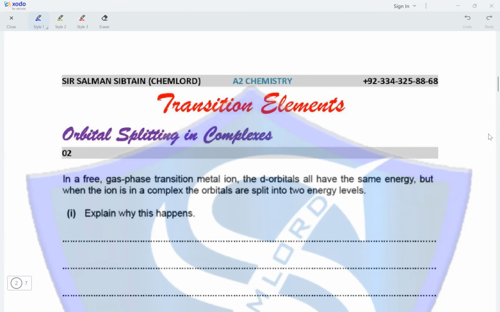Question 2. In a free gas phase transition metal ion, the d orbitals all have the same energy, but when the ion is in a complex, the orbitals are split into two energy levels. Explain why this happens.